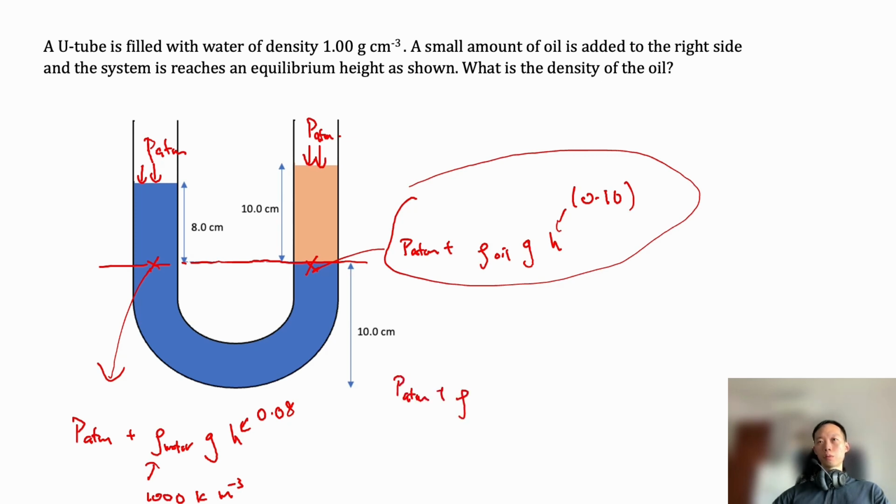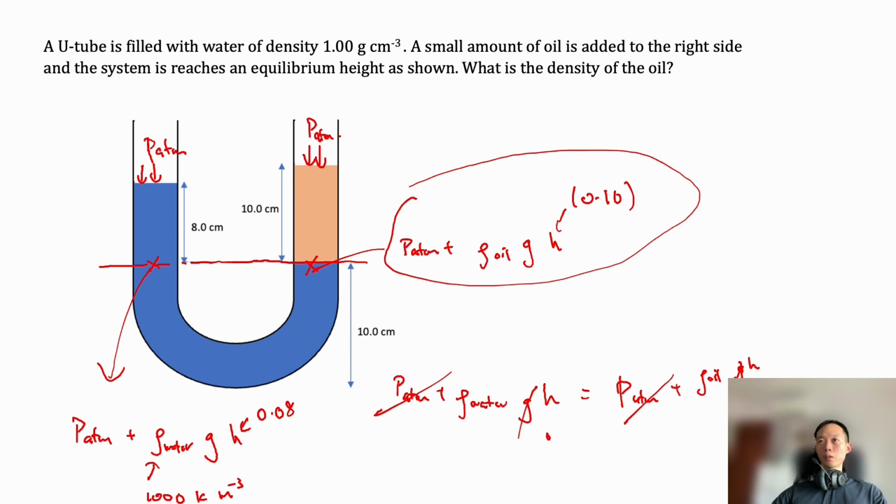P atm plus rho of water times G times H equals P atmosphere plus rho of oil times G times H. You can see here that atmospheric pressure appears on both sides, so both these terms will cancel out, and then you're just left with a rho GH equals rho GH form of equation, which means that you can start to cancel out common factors. For example, G cancels out.